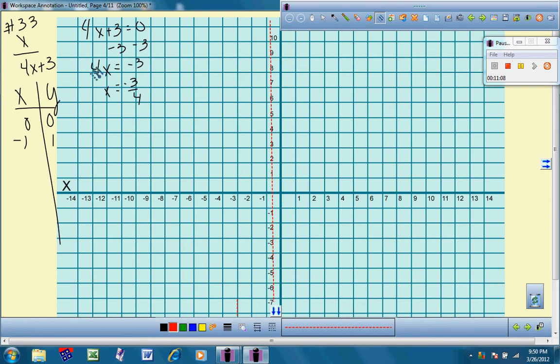Alright, now to find your horizontal asymptote, you're going to want to take a look at your degrees. Since my degrees are the same, 1 and 1, the degree is attached to the x, you're just going to do 1/4, which is 1/4.